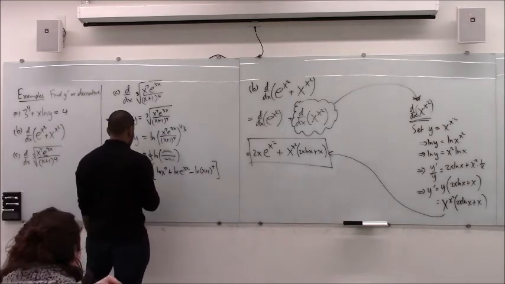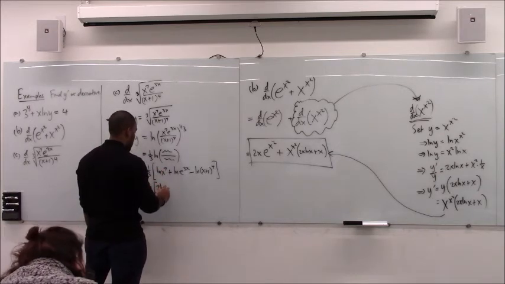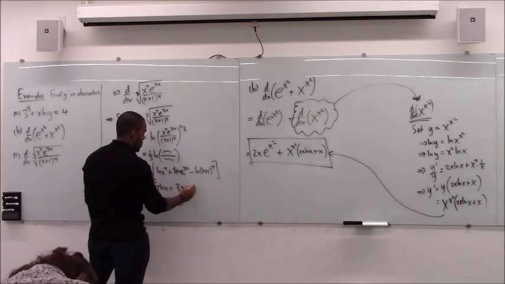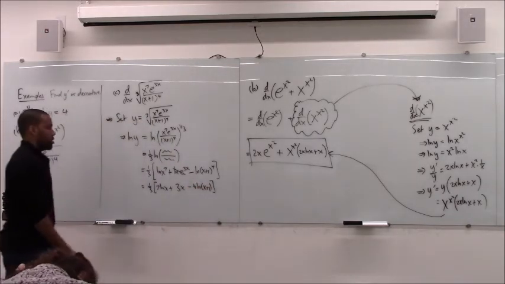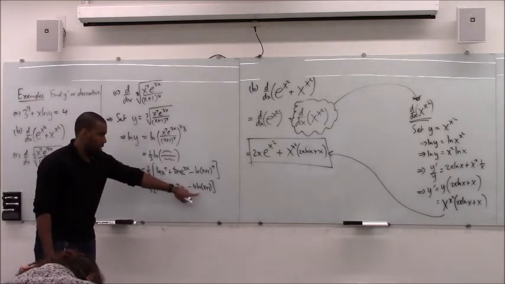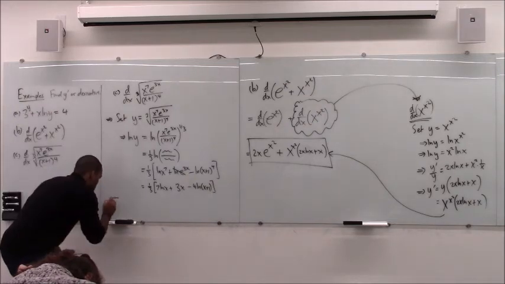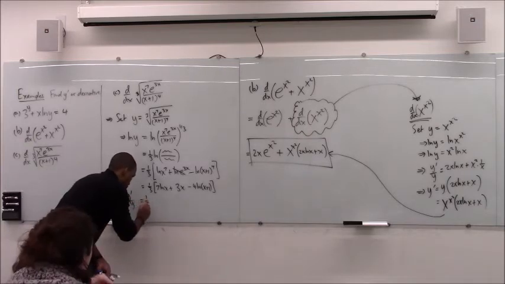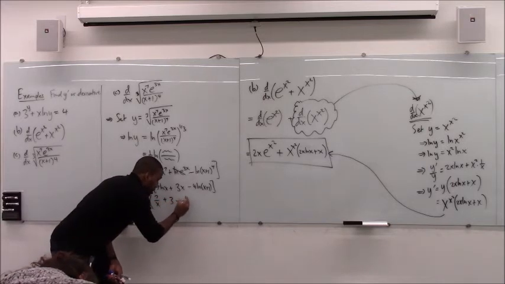I can simplify that even further. So the 7 can come down, 7 ln x, the e and ln cancel, that's just 3x, and the 4 can come down. Now, each of these individually is a lot simpler to differentiate than that guy. So at this point, I'm going to differentiate. y prime over y is going to be equal to 1/3 times 7 over x plus 3 minus 4 over x plus 1.